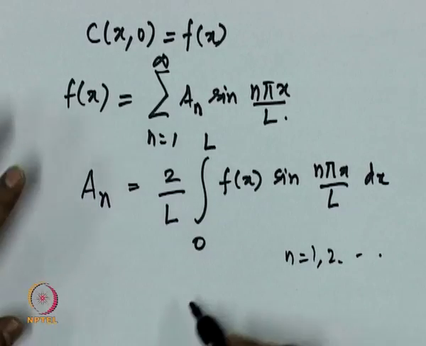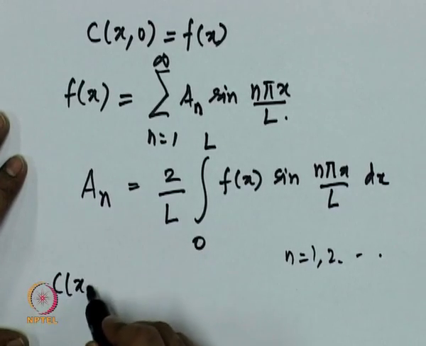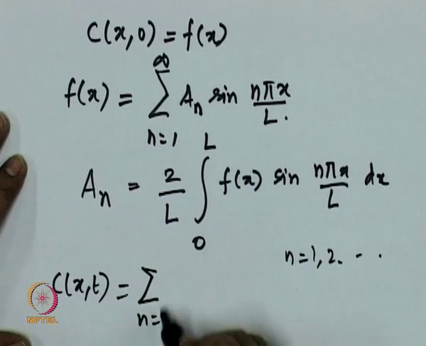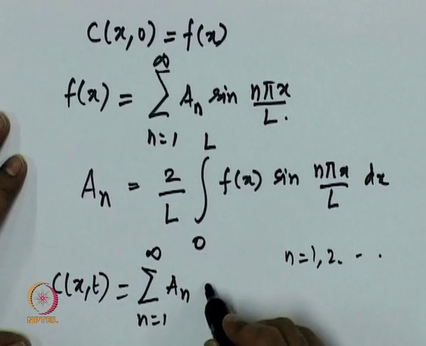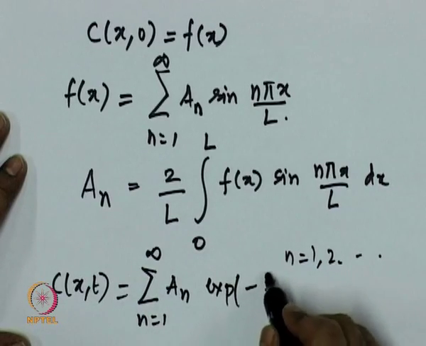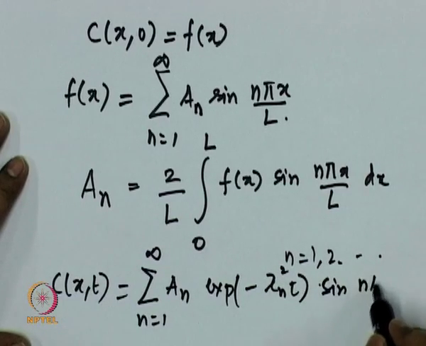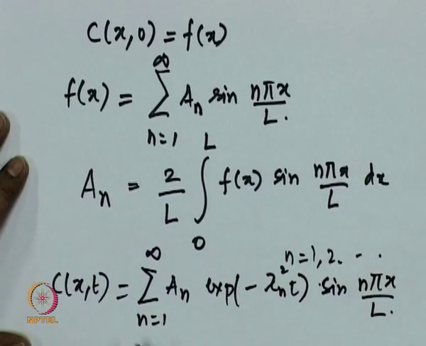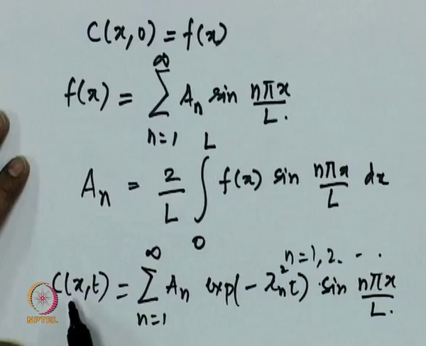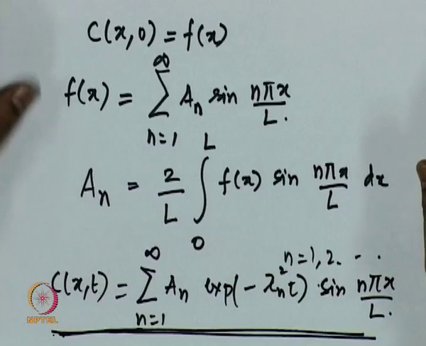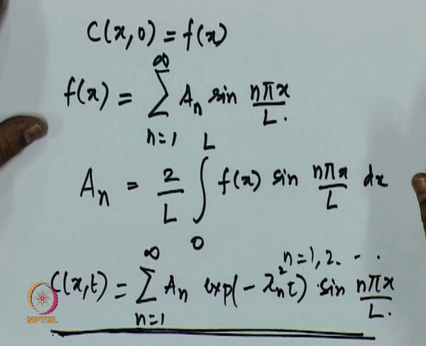We now finally have a solution: C of x comma t is nothing but summation n equal to 1 to infinity a n exponential minus lambda n squared t sin n pi x by L, and a n is determined here. So, this is the solution that we have obtained using the variable separable method.